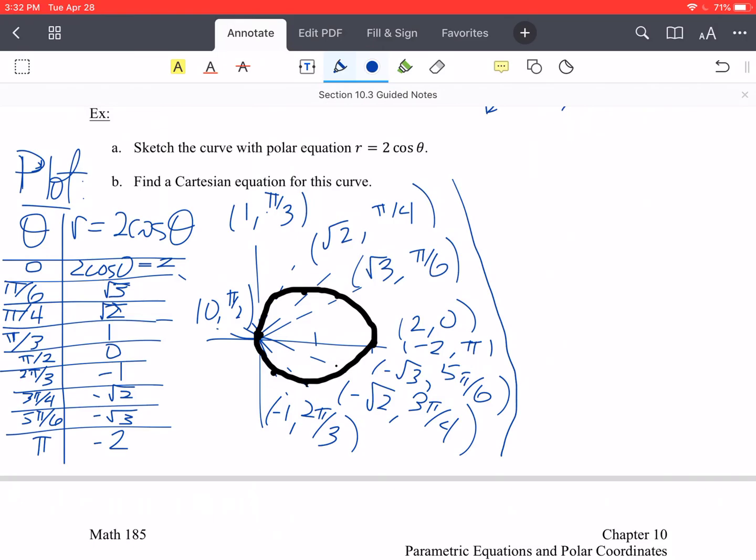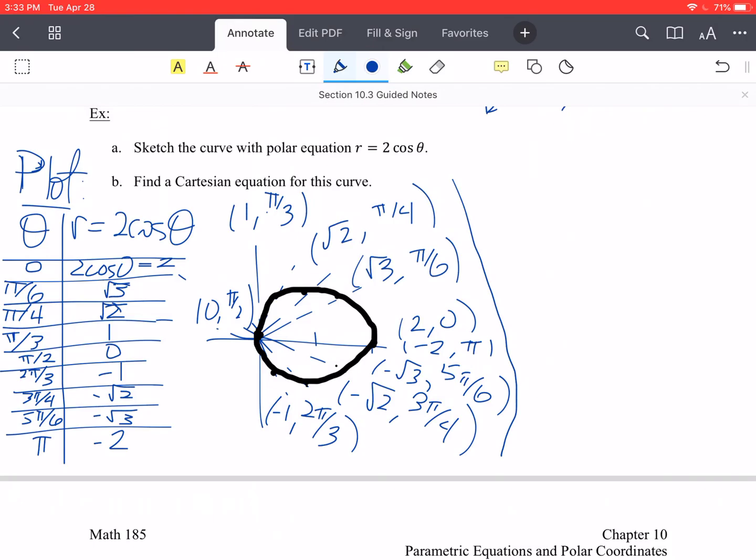Okay. So for this case, if we want to find the Cartesian equation for this curve, we need to get a little creative with our formulas, with the substitutions that we can do. So we need to know what the x value and y value are as a formula.